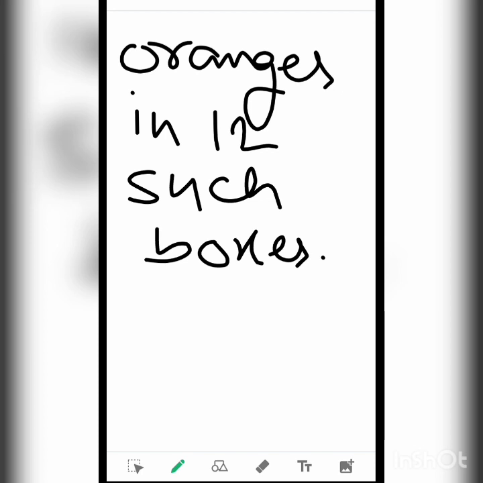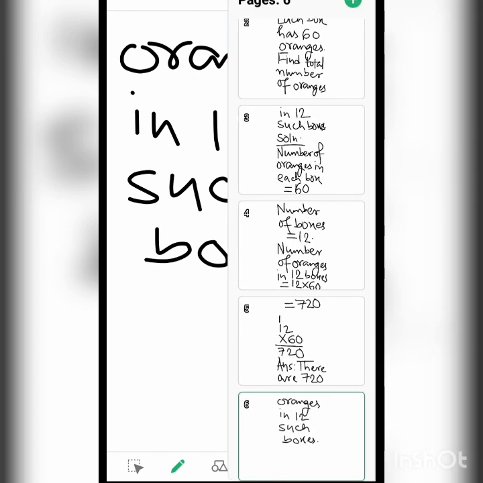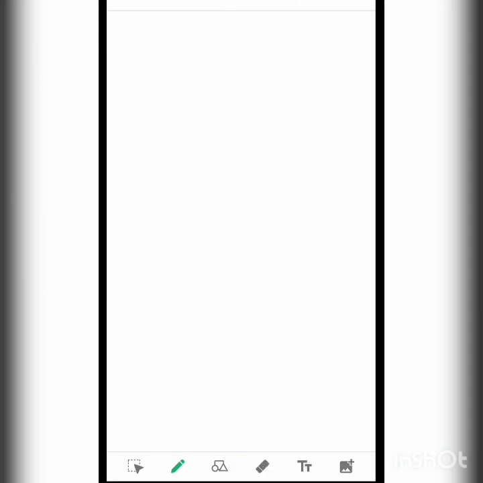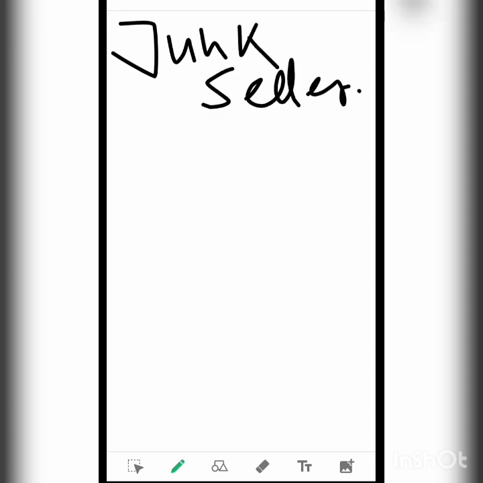Coming to our next topic, we'll move to our next board. Now, our next topic is chunk seller. Students, let us just clear a few of our basics. You see that there are a few terms. The price at which we buy anything is called cost price.